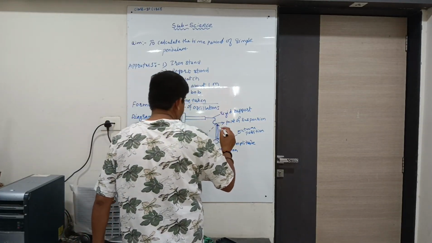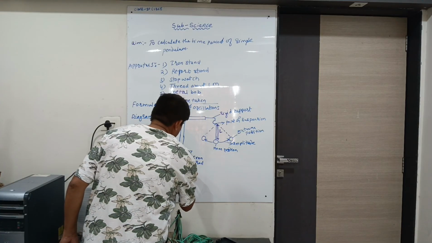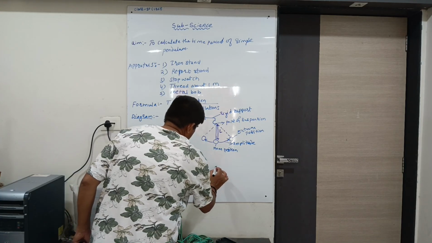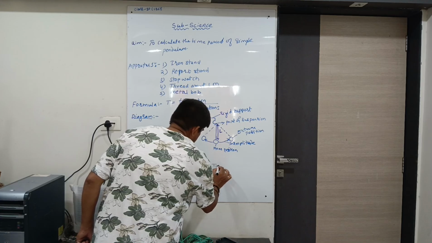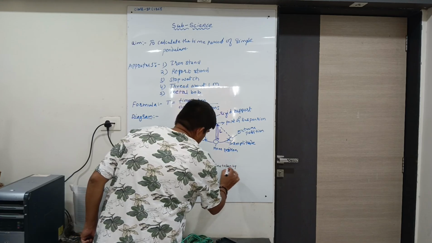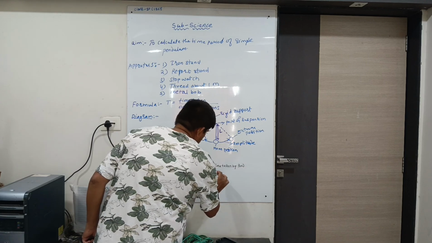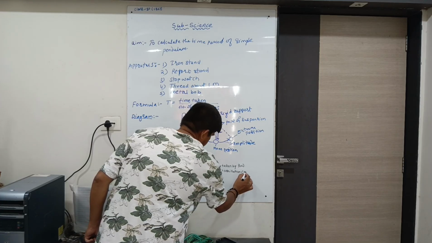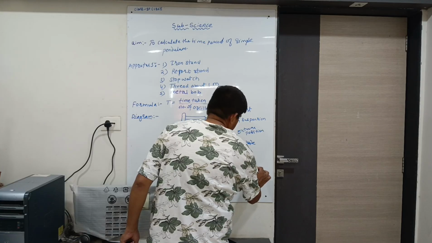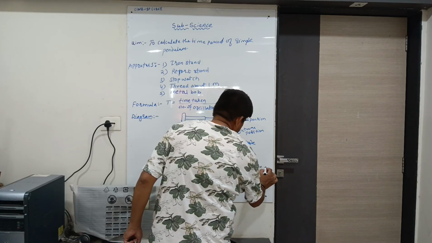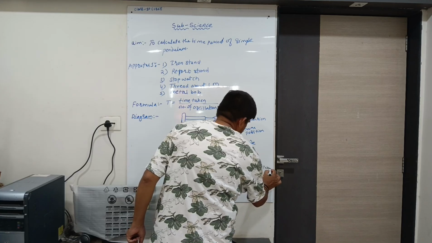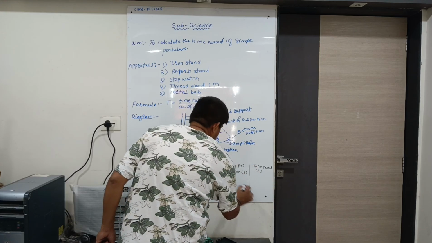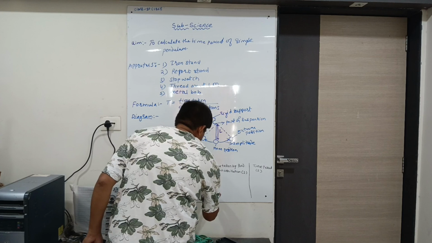So the observation table has the time taken by the pendulum for 20 oscillations in seconds, and here the time period of the pendulum in seconds.